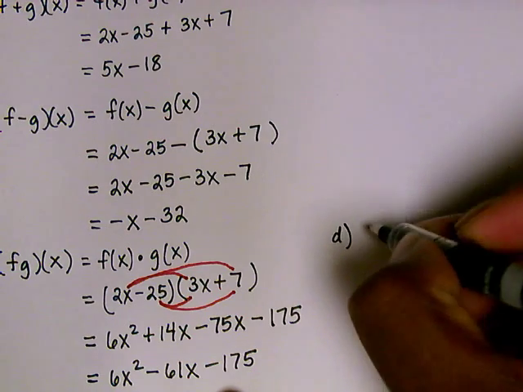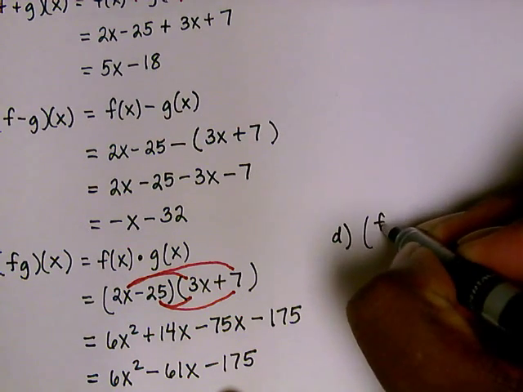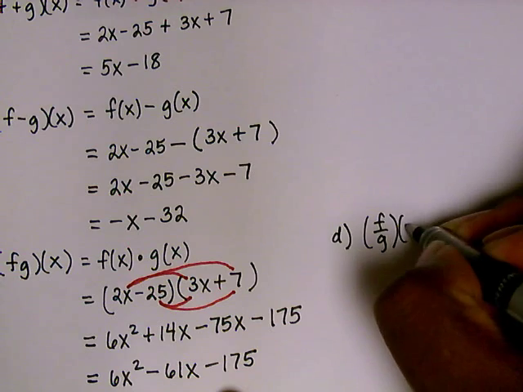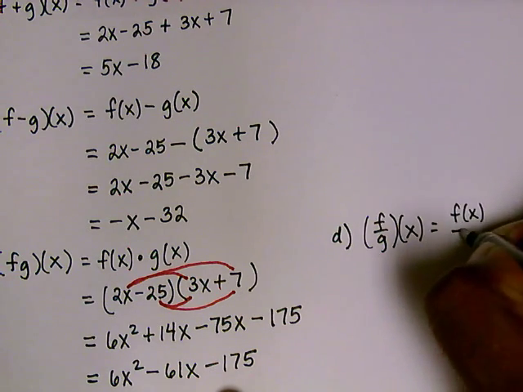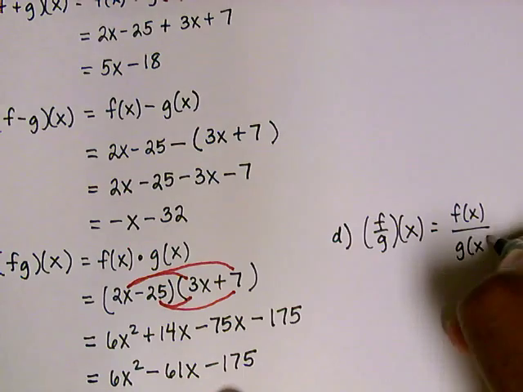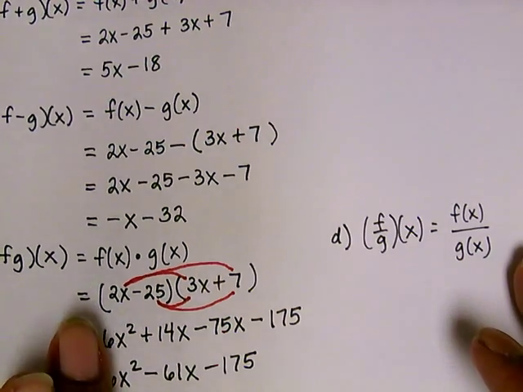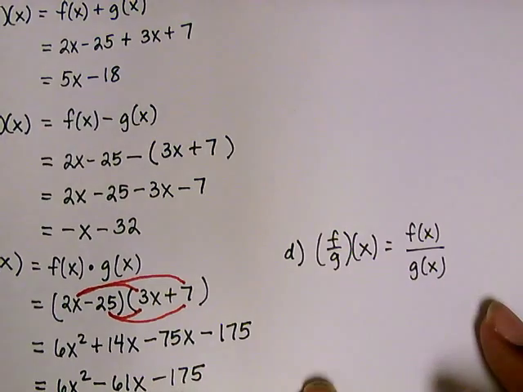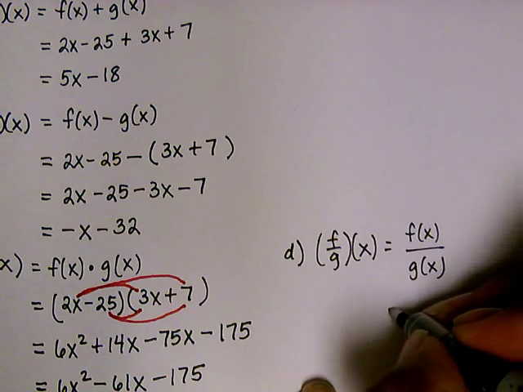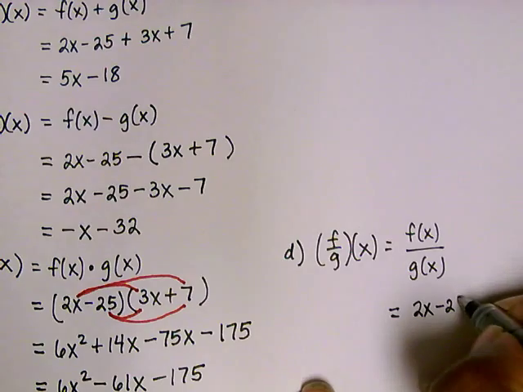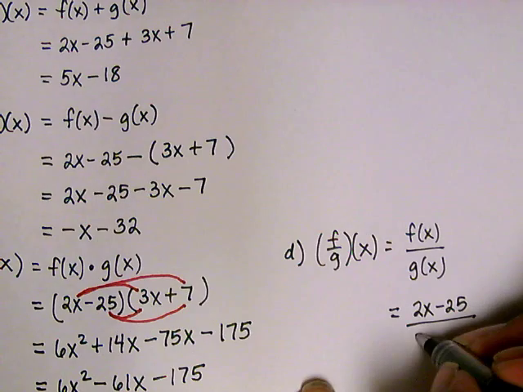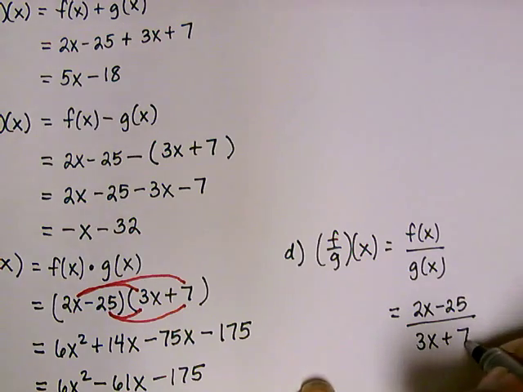And then part D is the quotient of the two functions. That's f divided by g of x. That's simply f of x divided by g of x. The f of x was your 2x minus 25 divided by g of x, that's 3x plus 7.